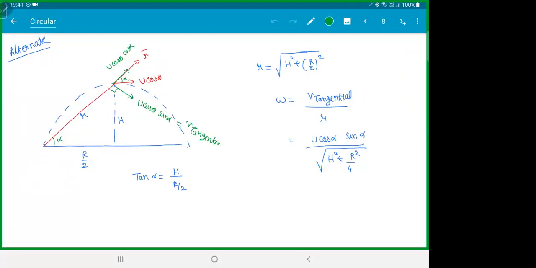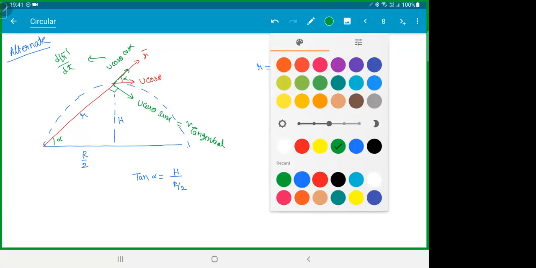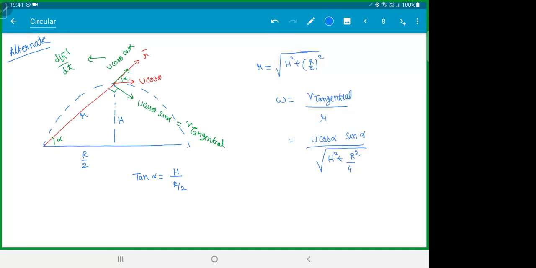So basically, this guy would be d mod r by dt, the rate of change of length of vector. So there, that was rate of change of length of vector, and this was v tangential. Have a look at this. Clear?